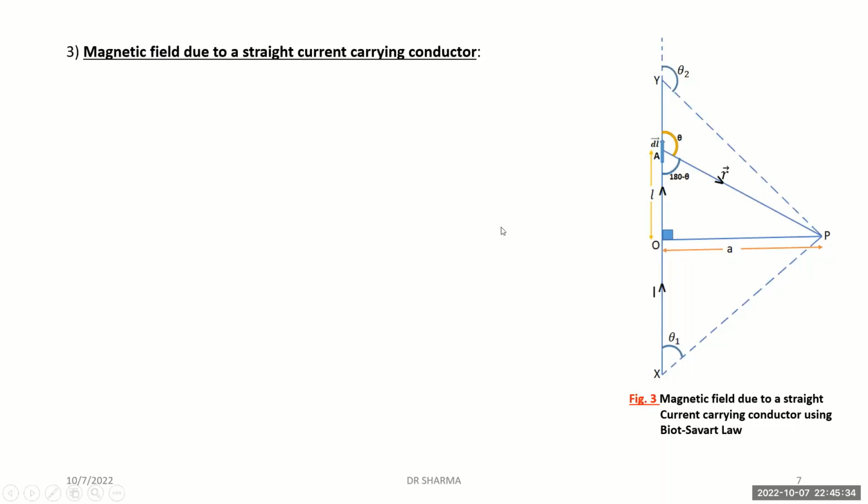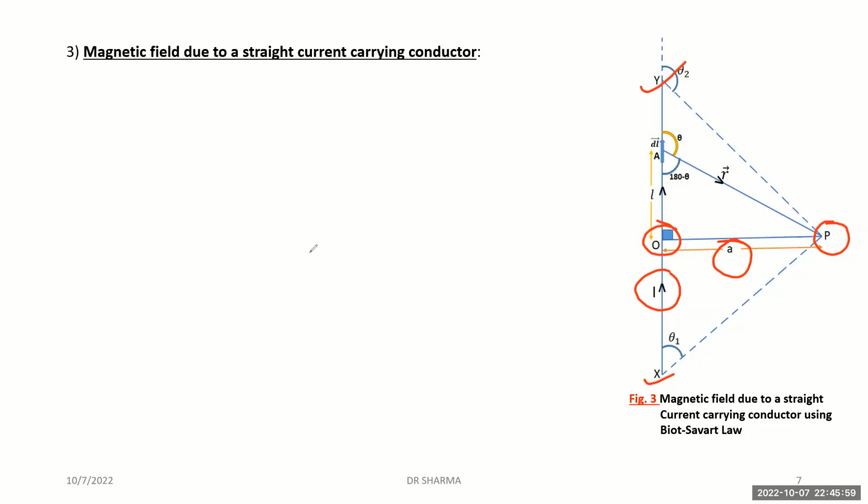Consider a straight conductor XY carrying current I from end X to Y as shown in the figure alongside. Here the magnetic field is to be calculated at point P at perpendicular distance a from point O on the conductor.